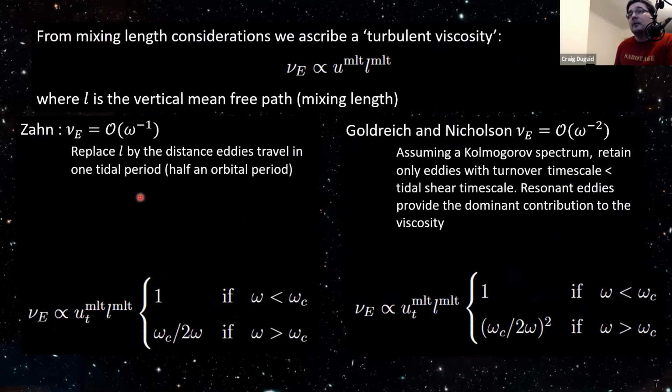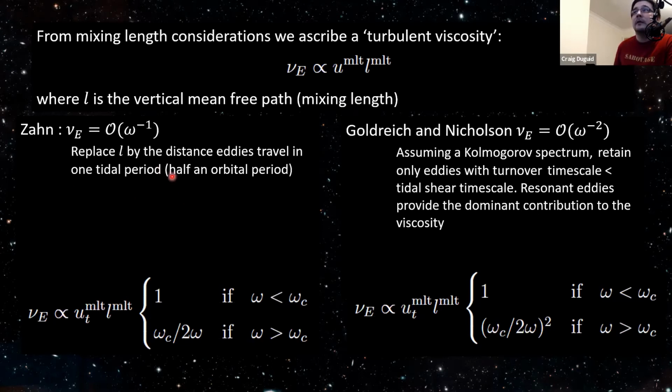Zahn recognized that the eddy will not be able to travel this full distance if the tidal frequency is large, because the tide would have changed direction. So instead, he proposed that you change this length scale to be the distance that the eddy can travel in one tidal period.